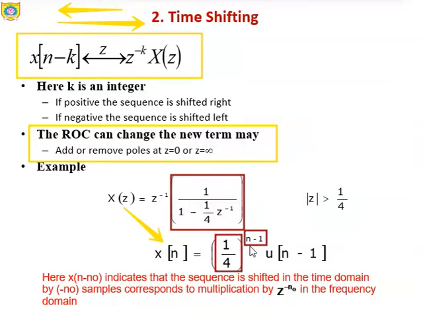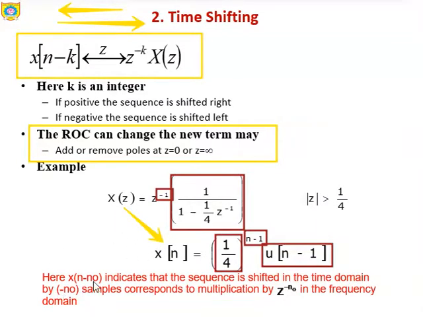So it can be pointed out here as a to the n u of n minus 1, since it is delayed by 1, which can be seen here as z raised to minus 1. In this way we can obtain the z transform or inverse z transform.